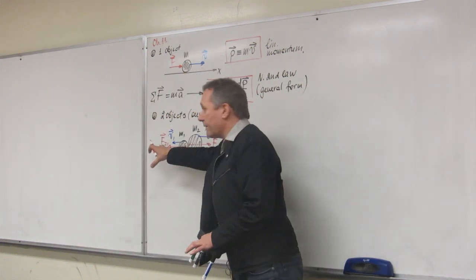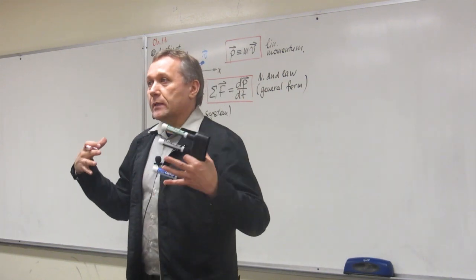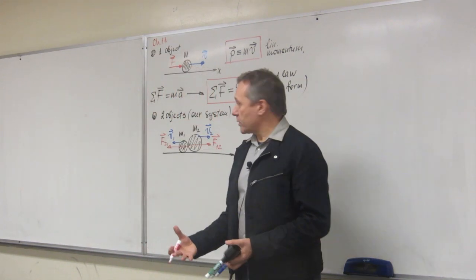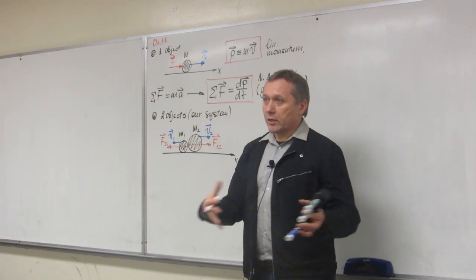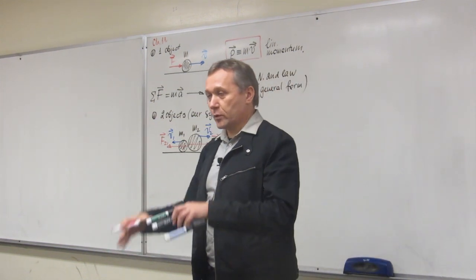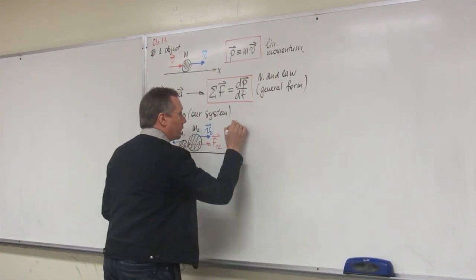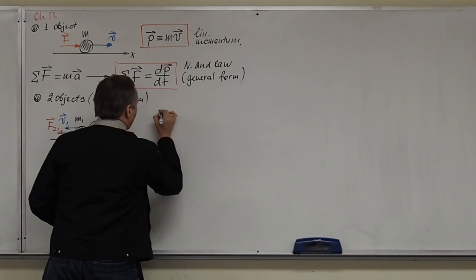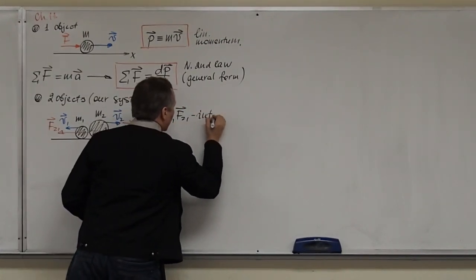These forces, F12 and F21, we call internal forces because they act within the system. So objects within the system exert these forces. So that's why we call them internal forces.